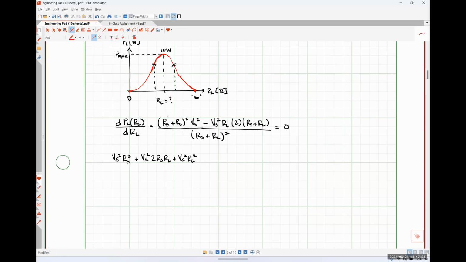So that's me just messing with this part right here under that red bar. Then I'm going to have minus Vs squared times 2 times Rs RL.